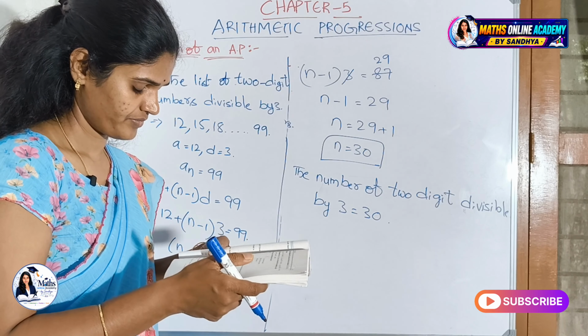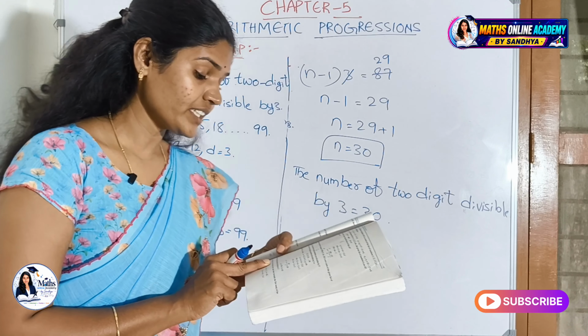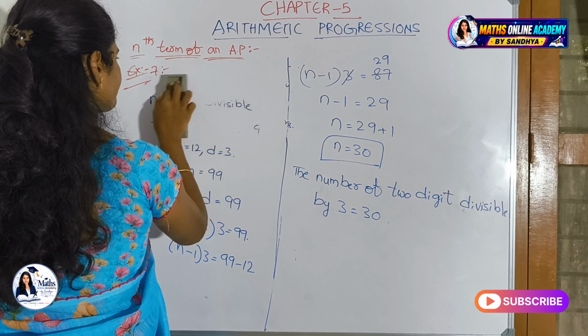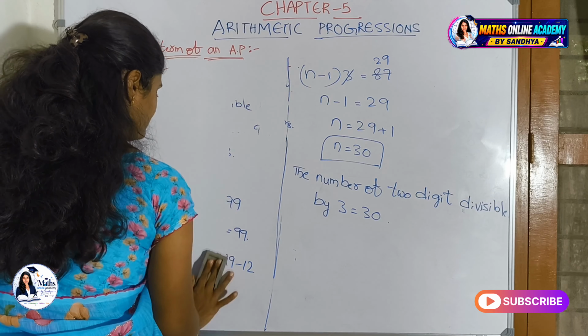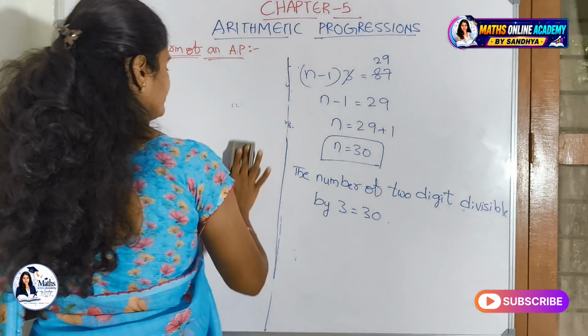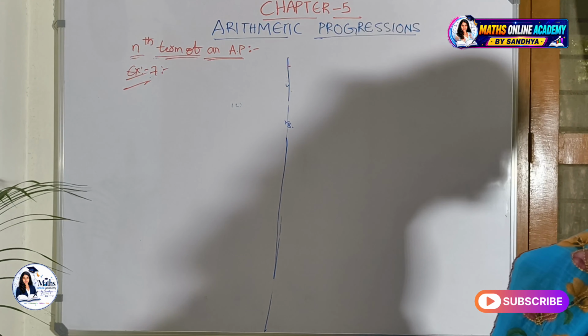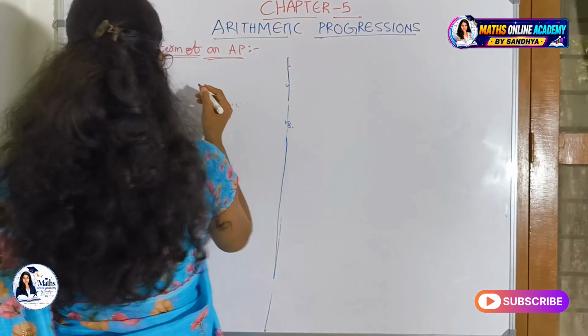And find the example 8. See the example 8. Example 8 here: find the 11th term from the last term towards the first term of the AP.